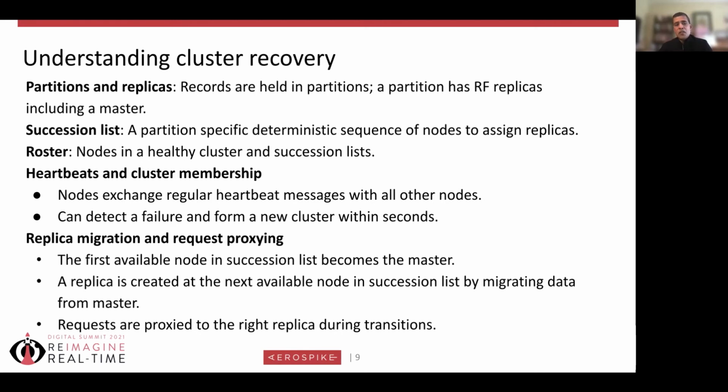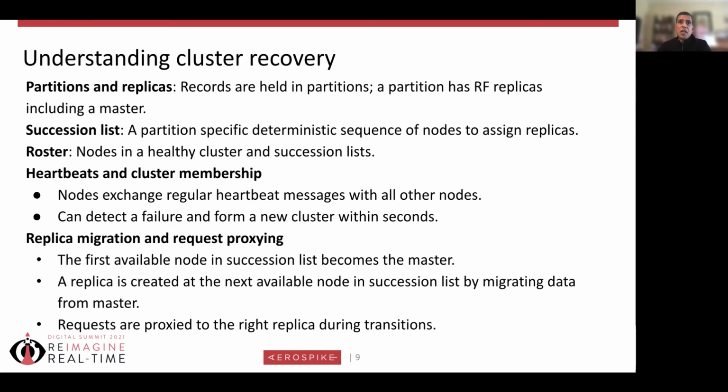The notion of a succession list is essentially that each partition has an ordered sequence of nodes to which its replicas get assigned. The key point to remember is that this list is deterministic. It's based on static factors like node ID and partition ID.